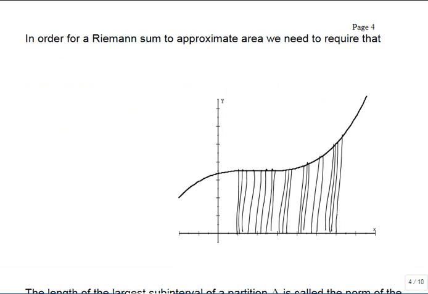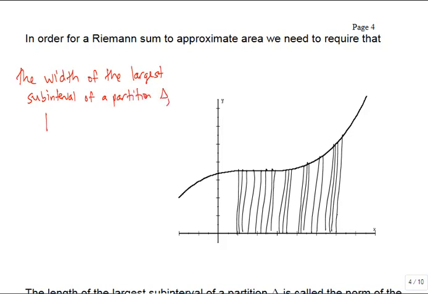In order for a Riemann sum to approximate area, we need to require that the width of the largest subinterval of a partition delta, we're going to call that and write its notation like this. This is called the norm. Let me make it a little bit neater for you. You get these double bars, and then you put your triangle inside. That's called the norm. We need to ensure that the width of the largest subinterval, which is called the norm, goes to 0.